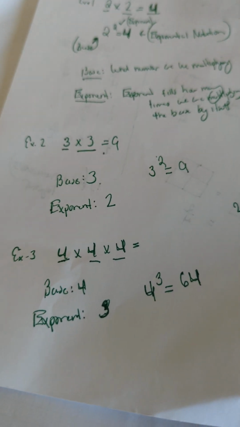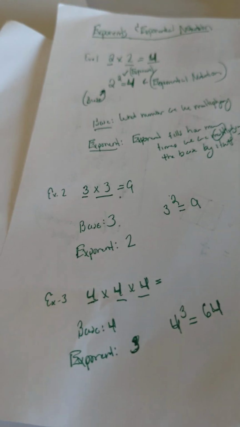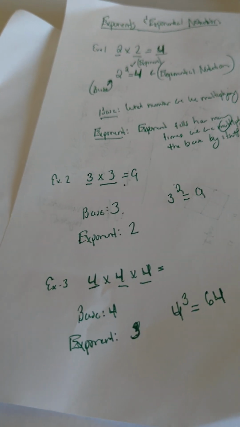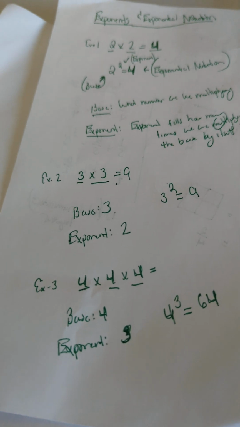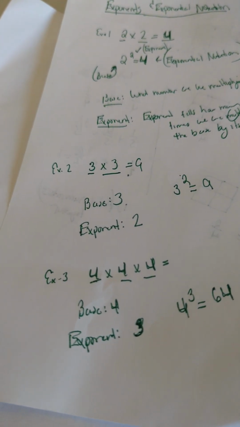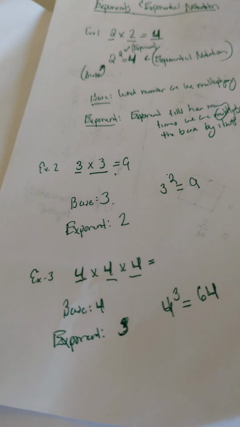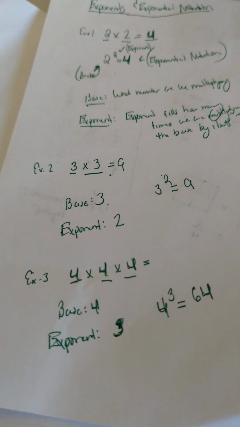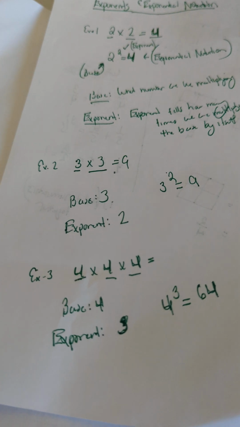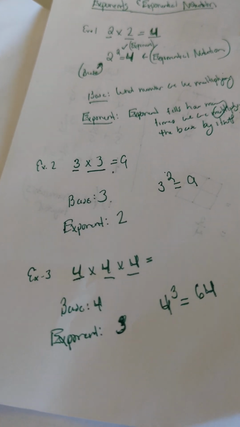The exponent tells us how many times we're multiplying the base by itself. The base is the number that we're multiplying. When we multiply the base 2 times, in English we say it's squared.